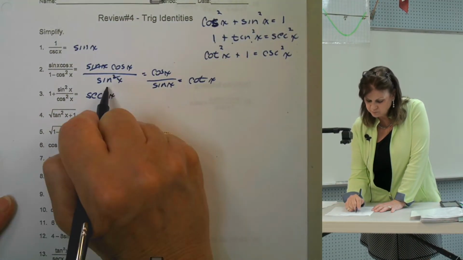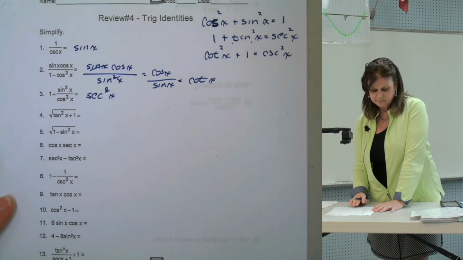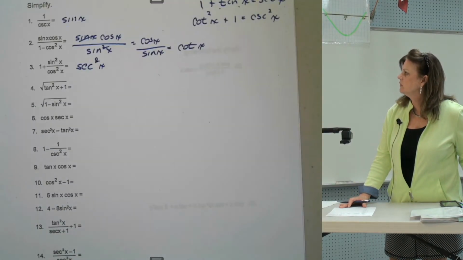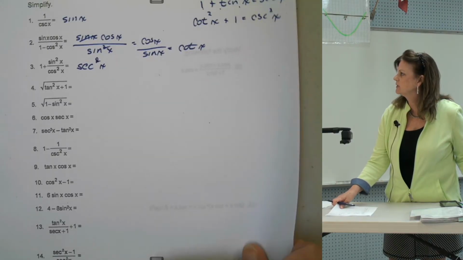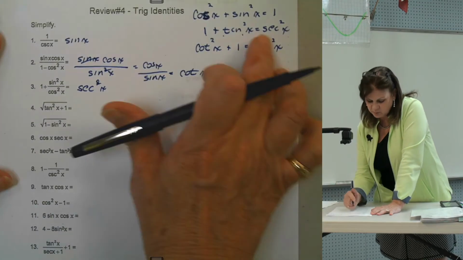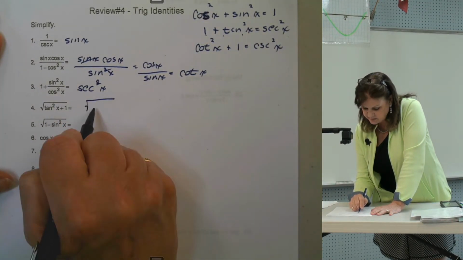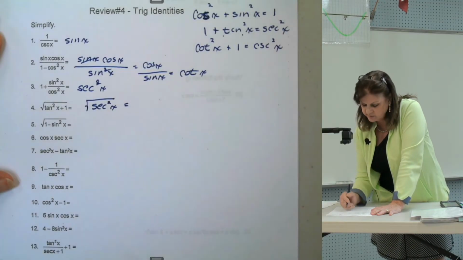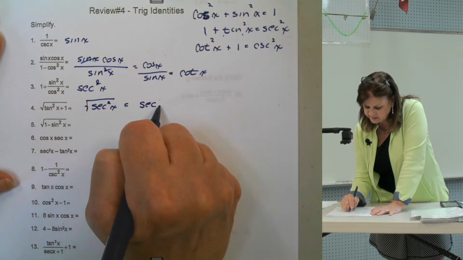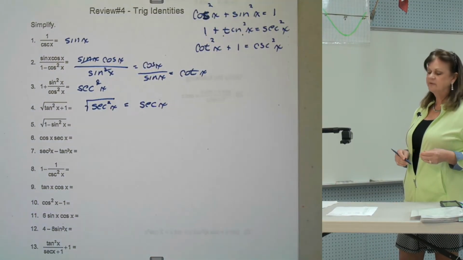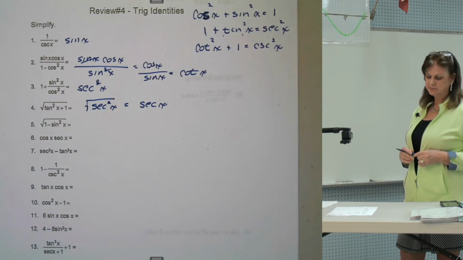That's a 2. All right, problem 4. The square root of tangent squared plus 1. Well, tangent squared plus 1 is secant squared, and the square root of secant squared is simply secant x. So for 5, work out 5 real quick.